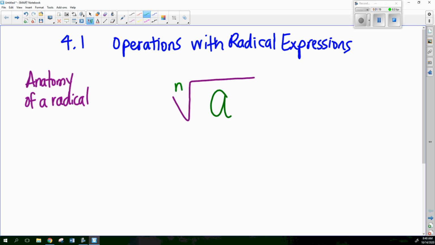All right, so when I say the anatomy, I want to talk about what everything is. All right, so the symbol that, I don't even know how to describe it. I don't know, it kind of looks like a check mark with a flat top. I don't know. That's your radical sign. All right, so that's your radical, or the radical symbol, I guess. That's your radical symbol.